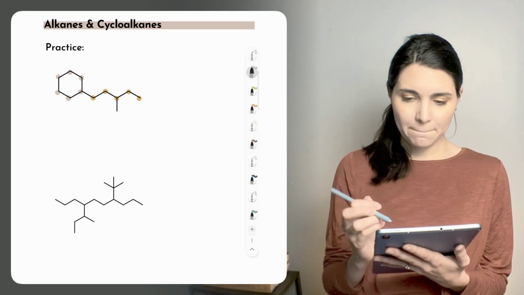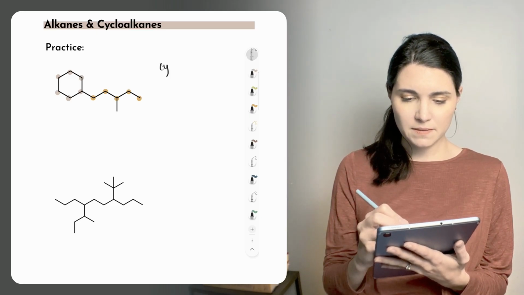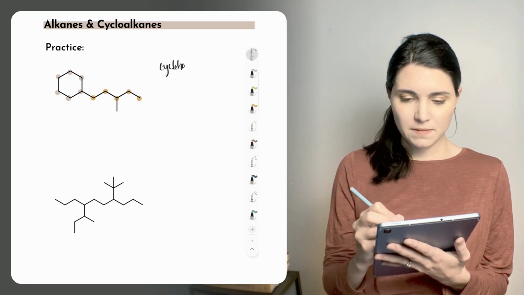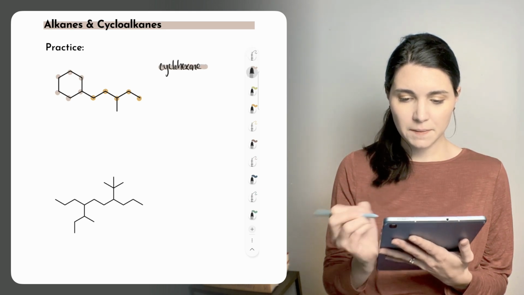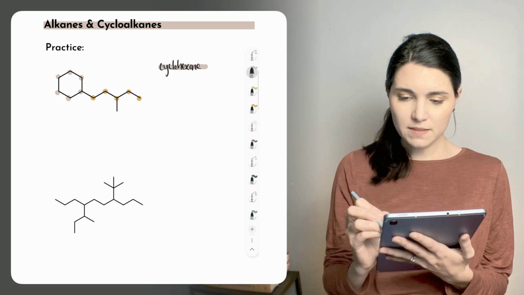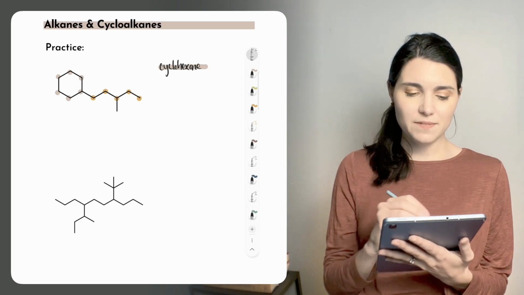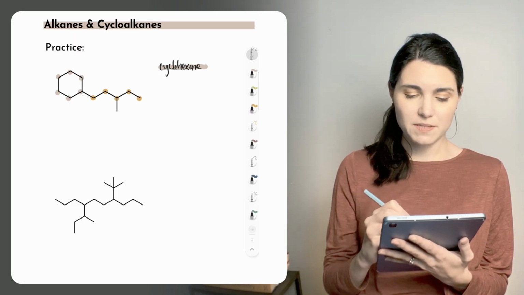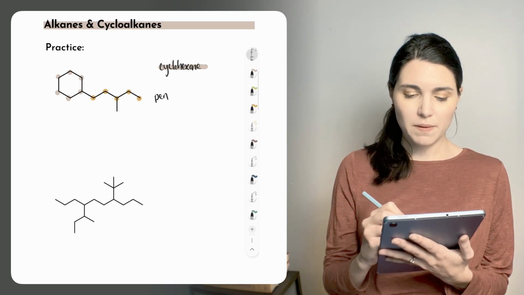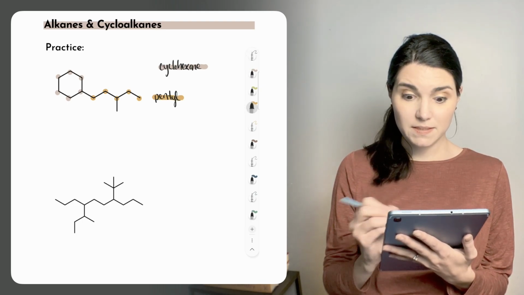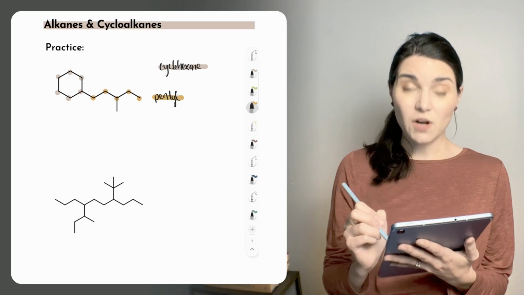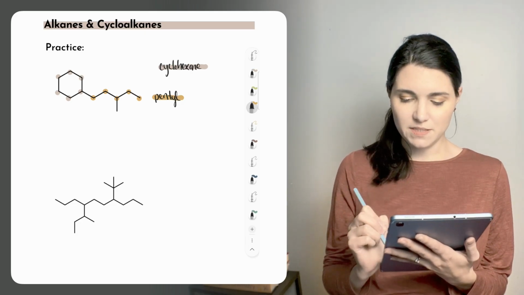So I'm going to write cyclohexane for the parent. And we counted 5 in the longest chain on the substituents. So we know it's a pentyl substituent. And then our substituent has a substituent.